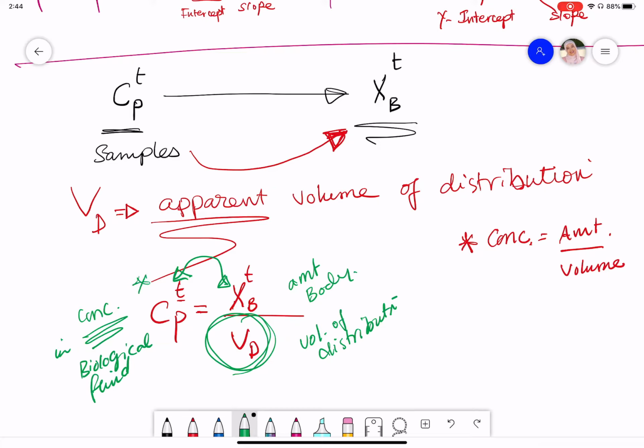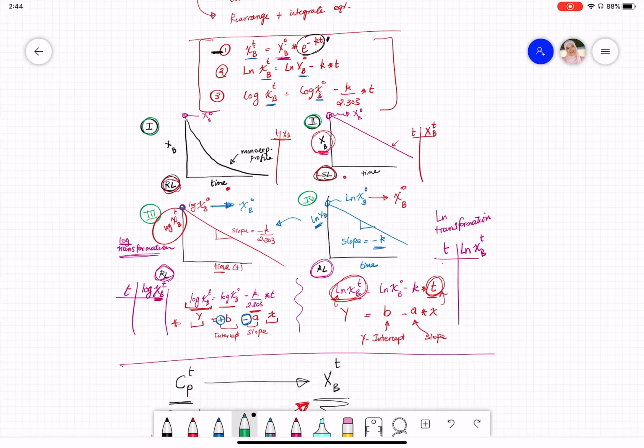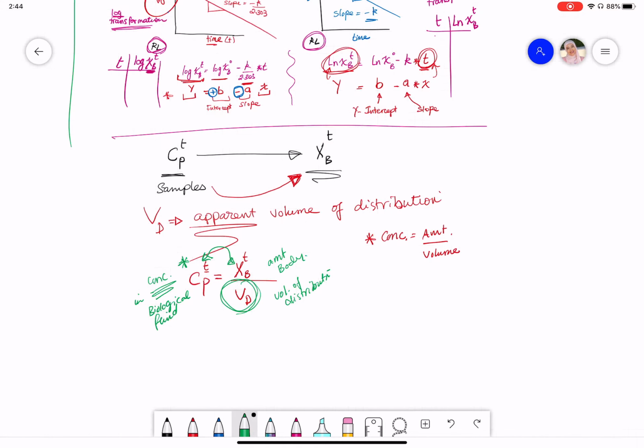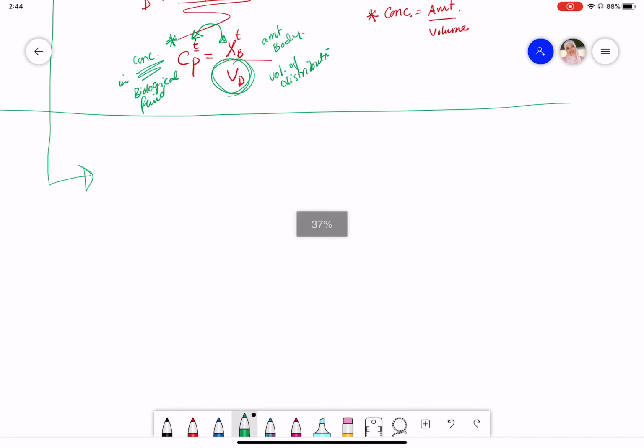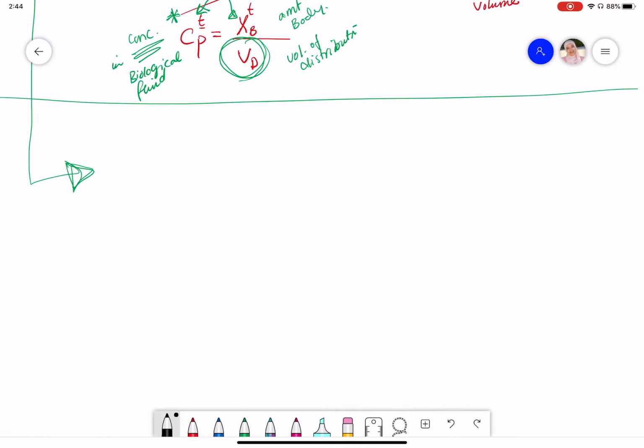So according to this relationship, we can have those equations, right? But in terms of what? Concentration. So let's write them quickly, but I'm pretty sure you can do that alone.